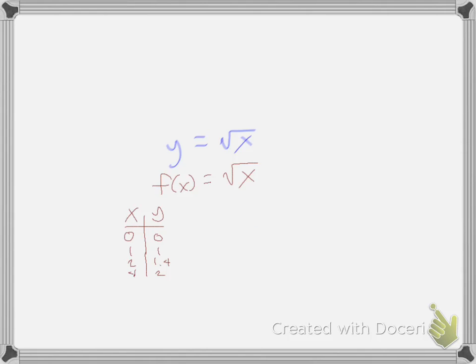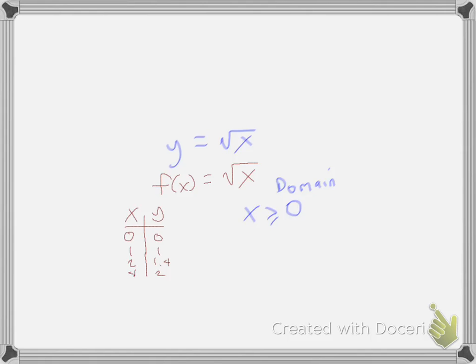So what we want is x to be the domain, and we don't have to use set notation right now. All we gotta say is the domain, what works? All x that is greater than 0 and can equal it. So everything greater than or equal to 0 is fine. Anything negative doesn't work.